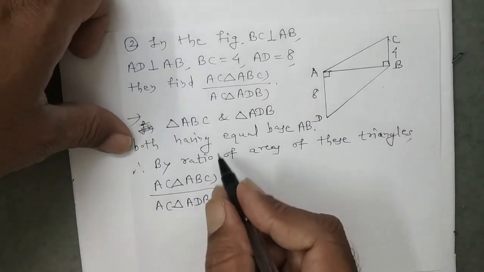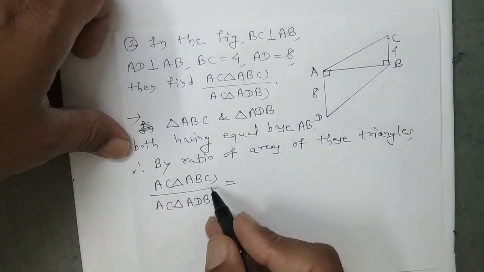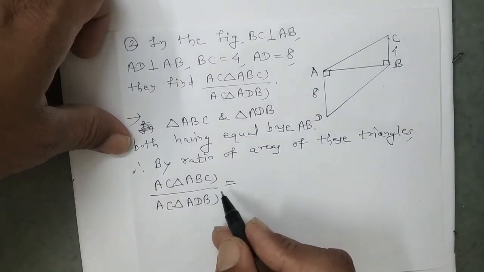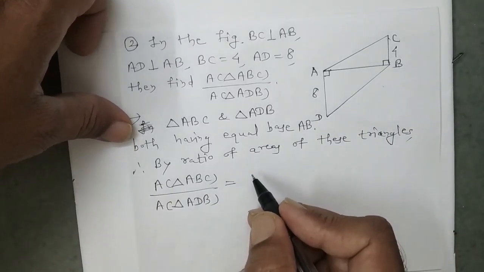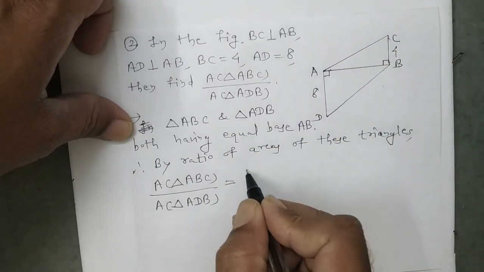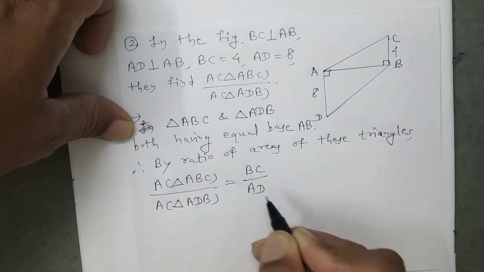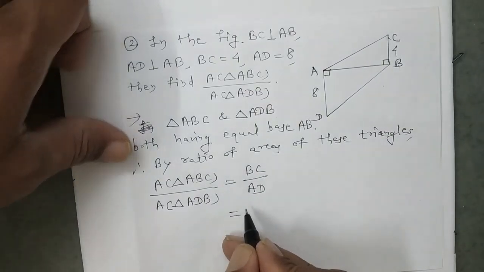Now here bases are equal, therefore the ratio of their areas is equal to the ratio of their heights, that is BC upon AD is equal to.